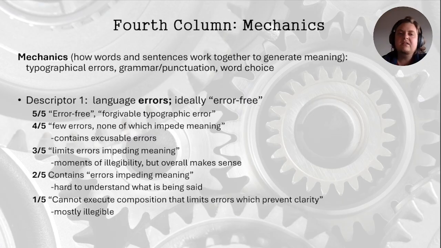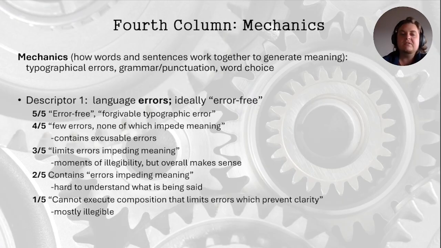But in the mechanics column, language errors refers to misspellings and punctuation errors, maybe missing a period or missing a comma or missing a paragraph break, things of that sort. Things that can interfere with my understanding of what you're trying to say by missing something or adding something that's not supposed to be there. So the main thing here is errors that impede meaning.